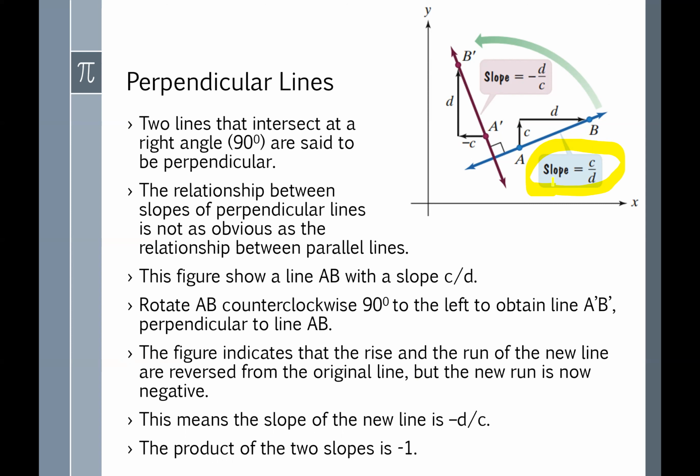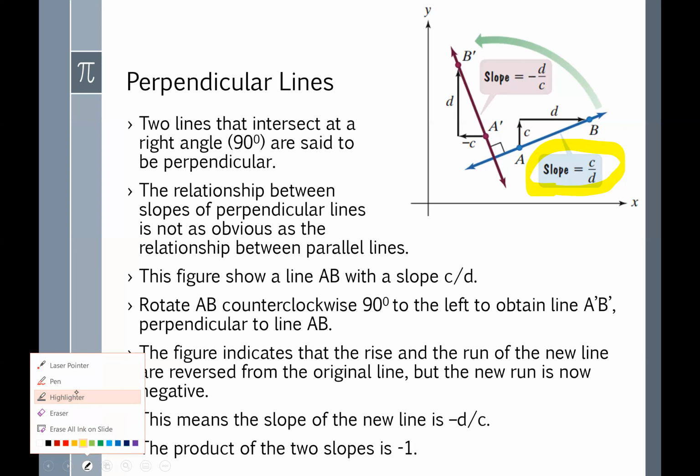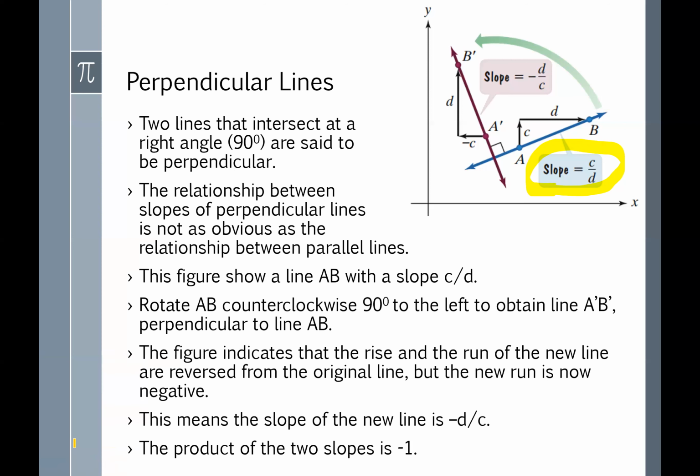And if I take that line and I rotate it 90 degrees, what happens? Well, first of all, this rise of C gets rotated and becomes the run, but it's now no longer positive, it's negative, because it's going up in the original line, but when I rotate it, it's now going to the left.